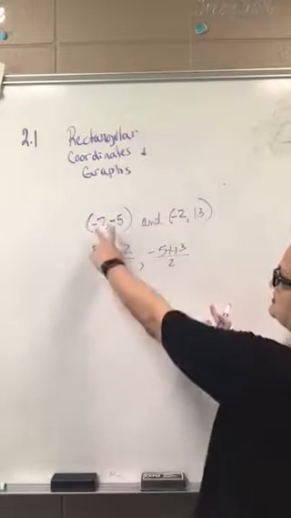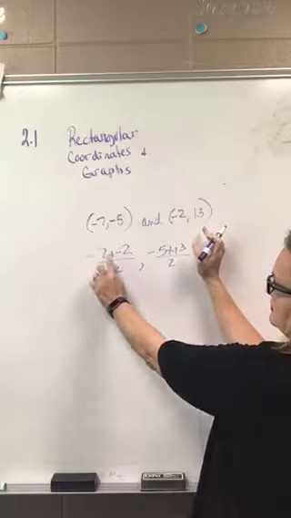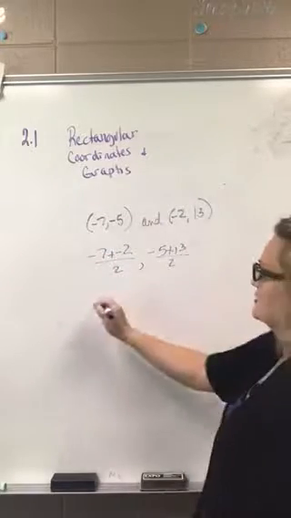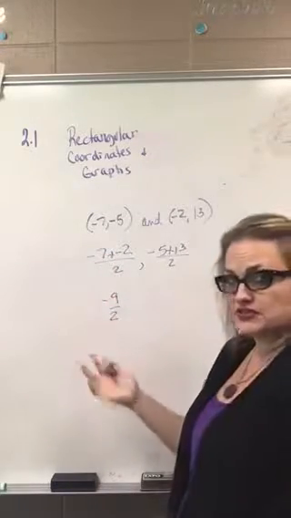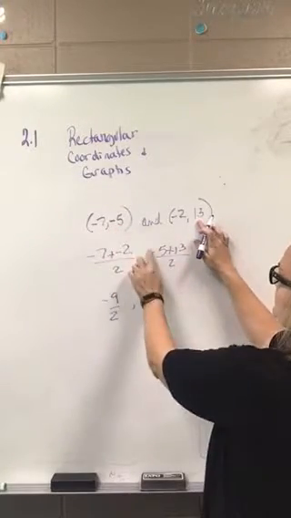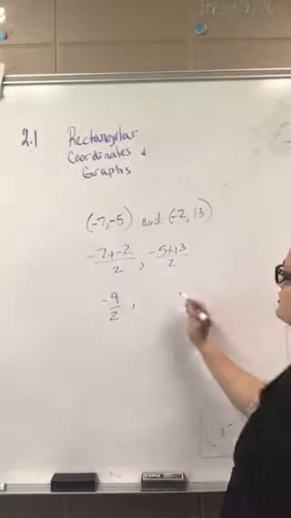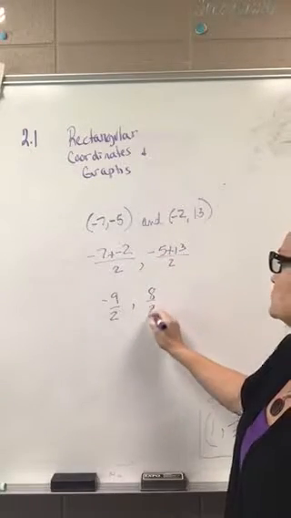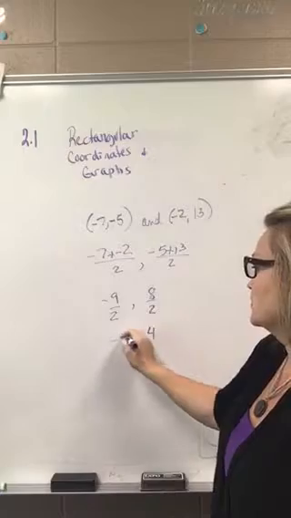So the formula says add the x's, so -7 plus -2 and half that. That's -9/2. I'll just leave it like that. And then do the same thing for the y's. -5 plus 13 divided by 2. Let's see, that'll be 8/2, which reduces to 4.